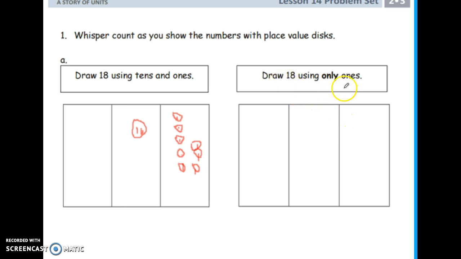All right, this one says draw 18 ones only using 1s. Well, I know how to do that too. I am going to simply draw my groups of 5.